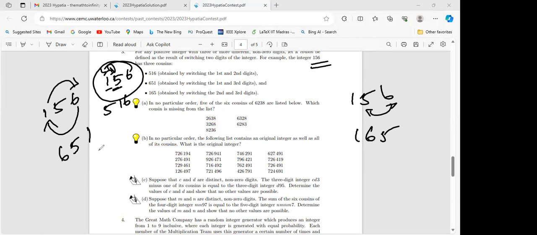Okay. Are you able to follow this part? Yeah.